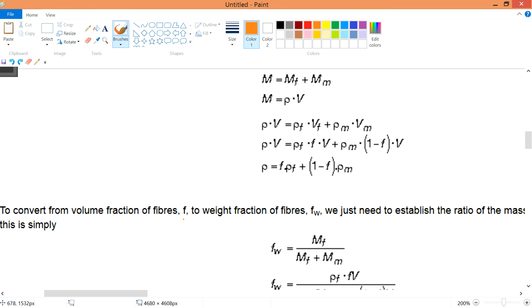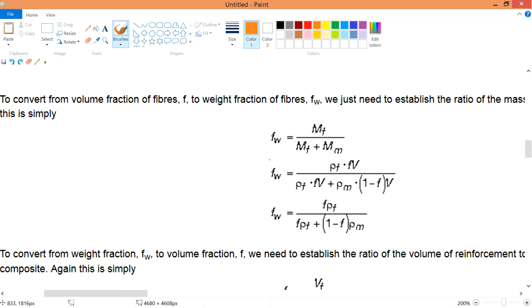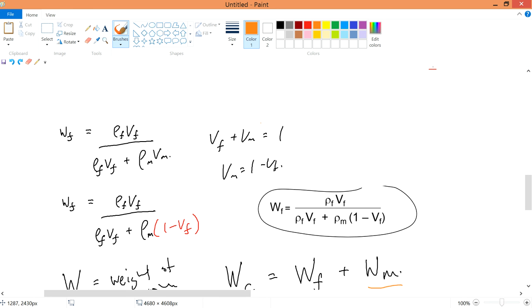And F is the weight fraction of the volume. Is it the fraction of the volume? It makes things a little more complicated, so I can only take bits from here and there. This is the weight fraction, which I think is very useful. It is the mass of the fiber divided by the mass of the fiber plus the mass of the matrix, in other words the whole mass of the composite. So the mass of the fiber divided by the mass of the composite. This gives me the inspiration for deriving the equation that I said earlier.